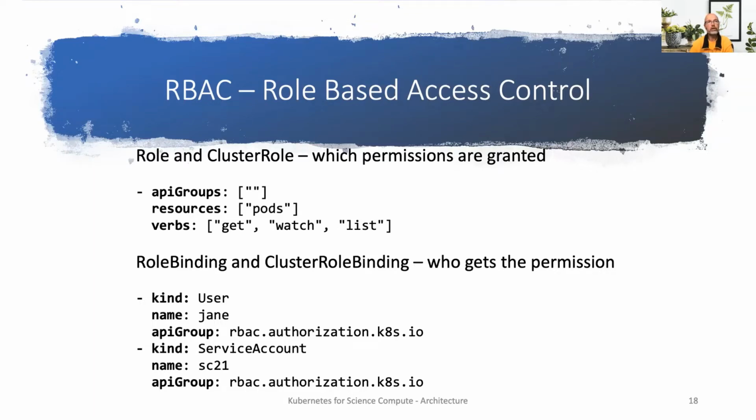First, you need to create a role which specifies which permissions are granted. And after you have a role, you bind that role, which says who gets those permissions. And here you have an example of what it looks like. As I said, we will not go too much into detail, just so you have an idea what it is all about, and you can Google it or find more detailed tutorials about this topic elsewhere.